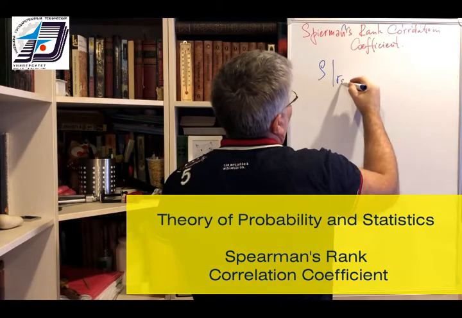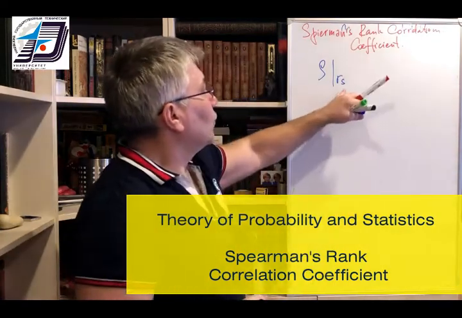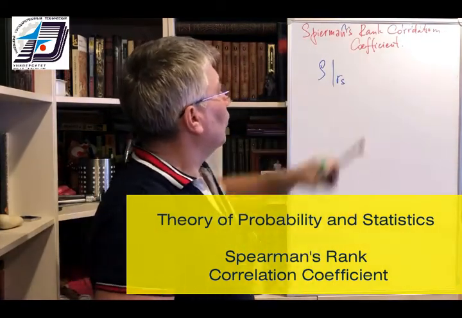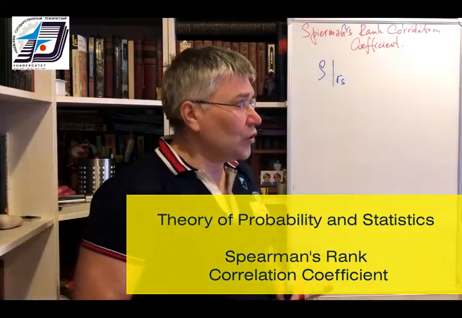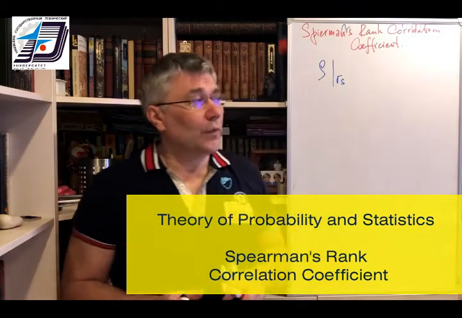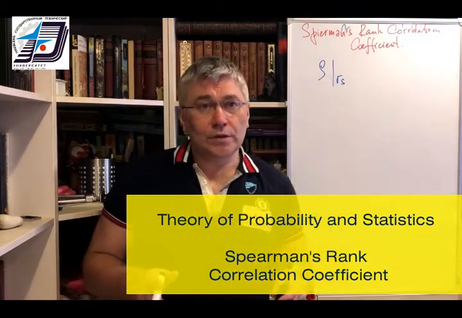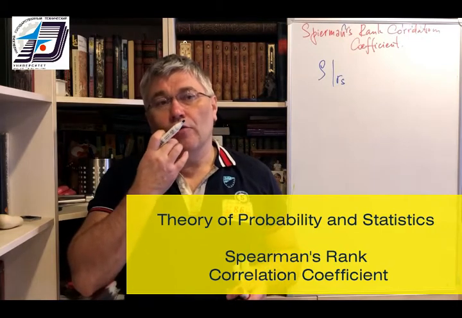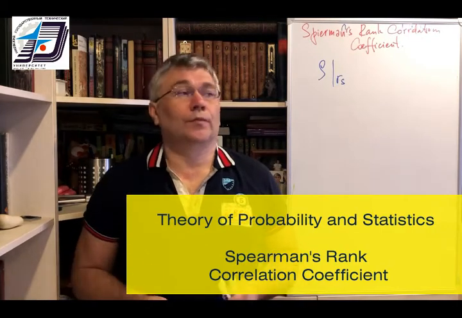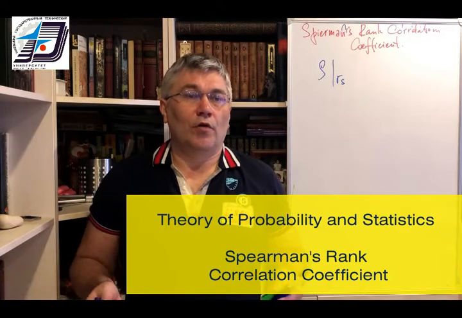Some people use Rs. Spearman's rank correlation is a special coefficient which defines the dependence or correlation between two random parameters, two ranks of the variable.